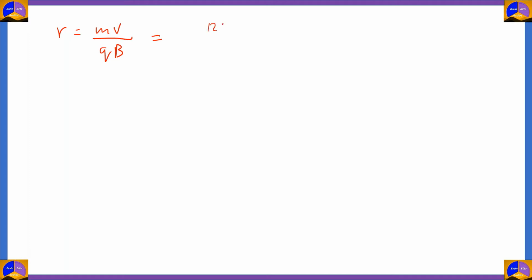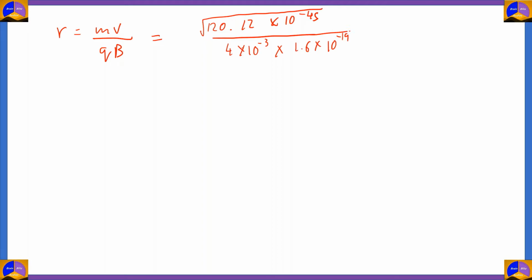That'll be the square root of 120.12 × 10^-45, divided by 4 × 10^-3 × 1.6 × 10^-19. Let's convert 10^-45 into 10^-44, so we have to multiply by 10. When you multiply by 10, you get 1201.2 × 10^-45.